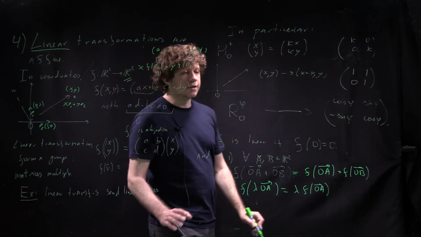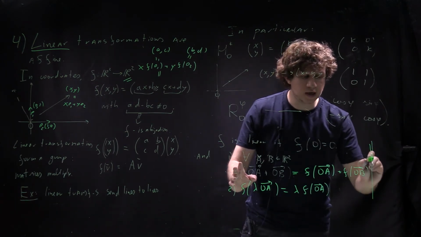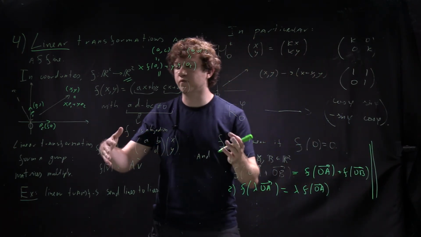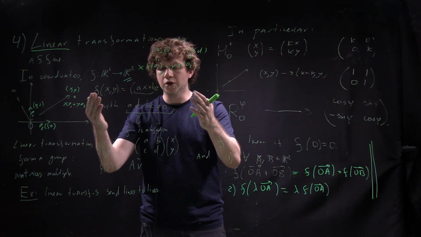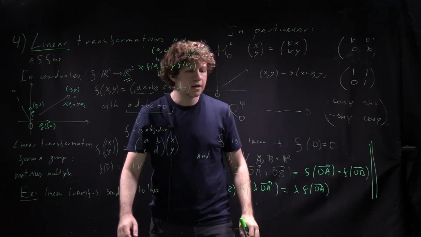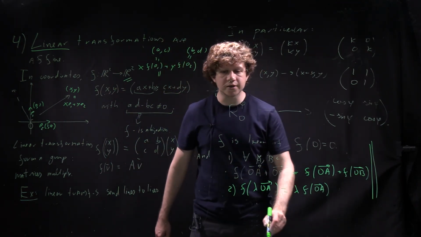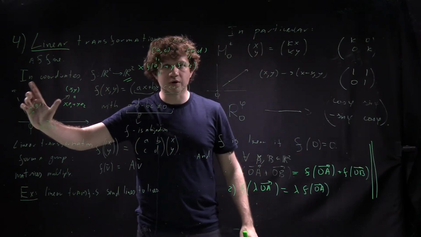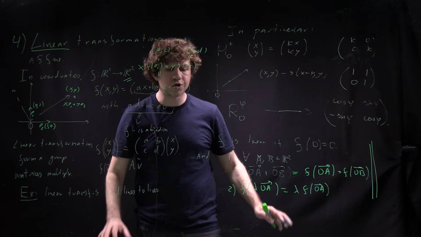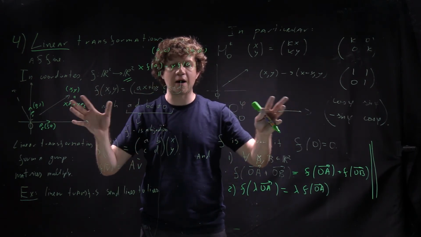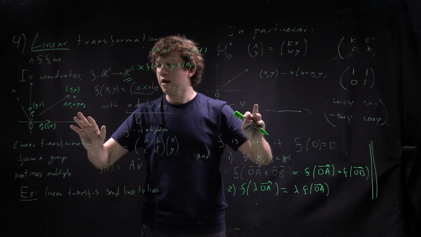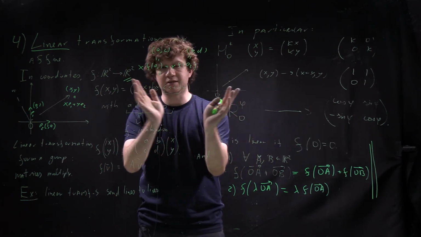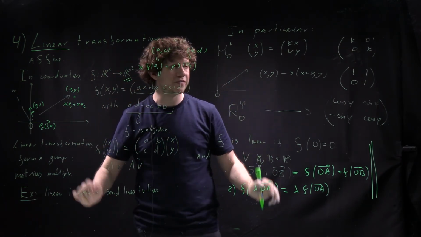So basically, this abstract definition gives you the same collection of maps as if you just write them down in coordinates in this way, though it's much more convenient to think in this form, because you don't need to choose coordinate axes. And when you have a natural geometric transformation, you usually describe it as do this, do that, not just choose a coordinate system and then multiply something by something.